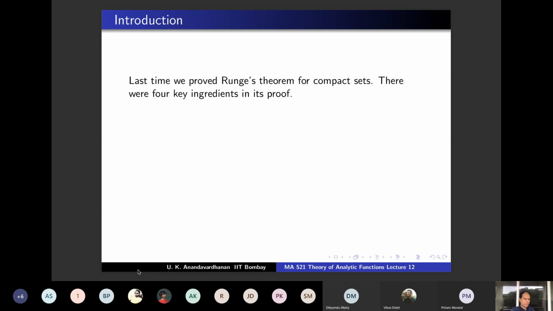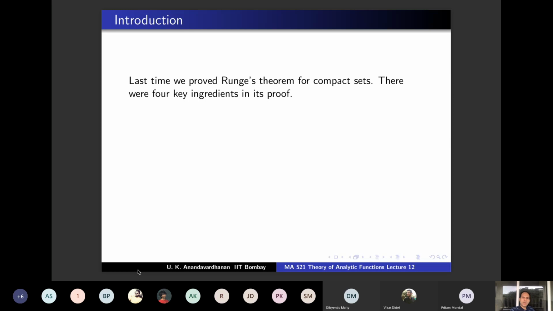And what was the basic structure of the proof? I think we had a longish discussion in the last discussion session, but very quickly, the normed linear space X that you take is C(K), continuous functions on K. So what is there in Runge's theorem for compact sets?